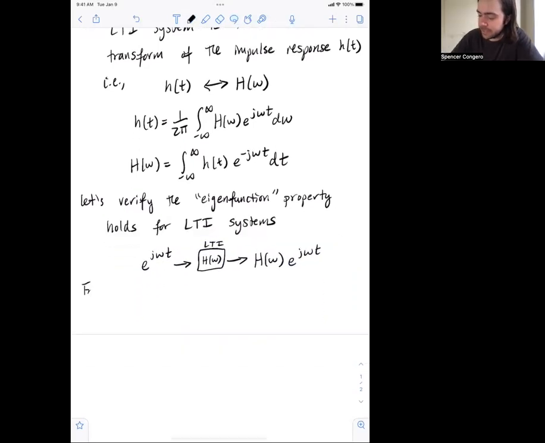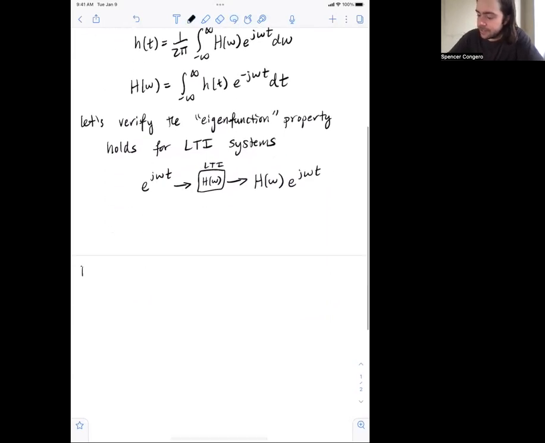Okay, and from the last video, I'll just start a new page. We saw that the output y of t is the input convolved with the impulse response.